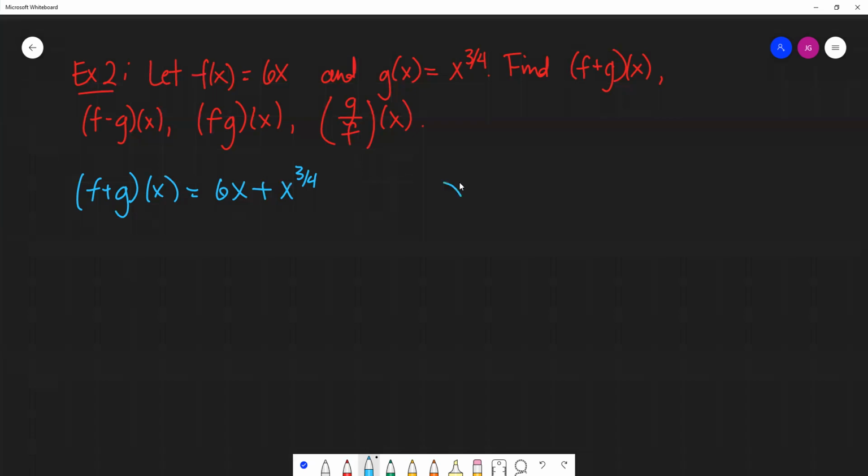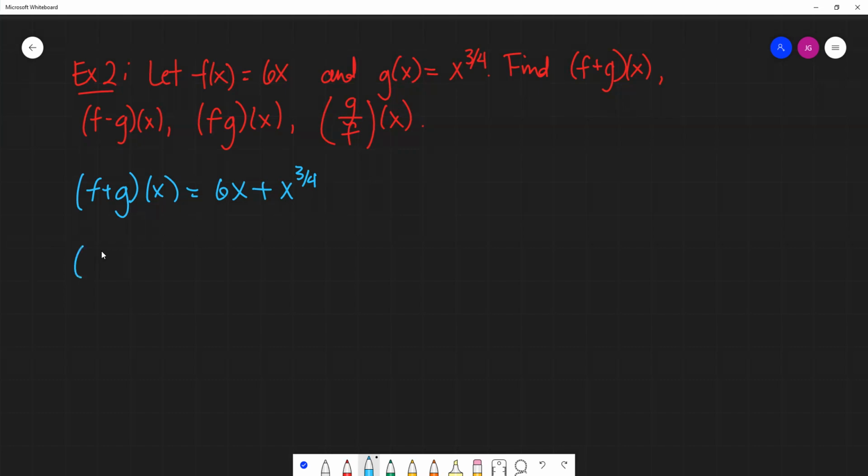Remember that this can be written as the 4th root of x, either the 3rd power here, or I can put it outside, it doesn't matter which one. Those are clearly not like terms, so we're just going to leave it as is. That is our addition function. Okay, that's all you got to do there.